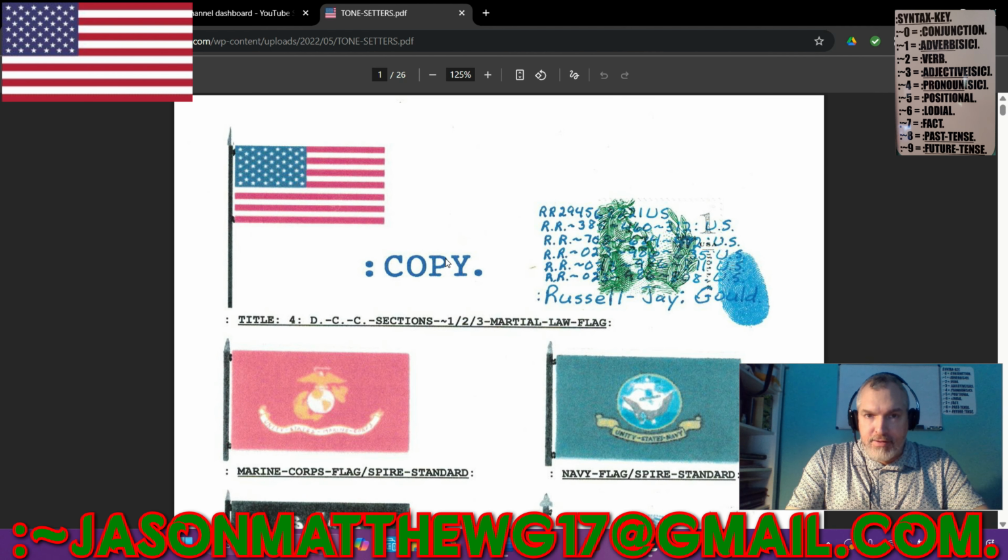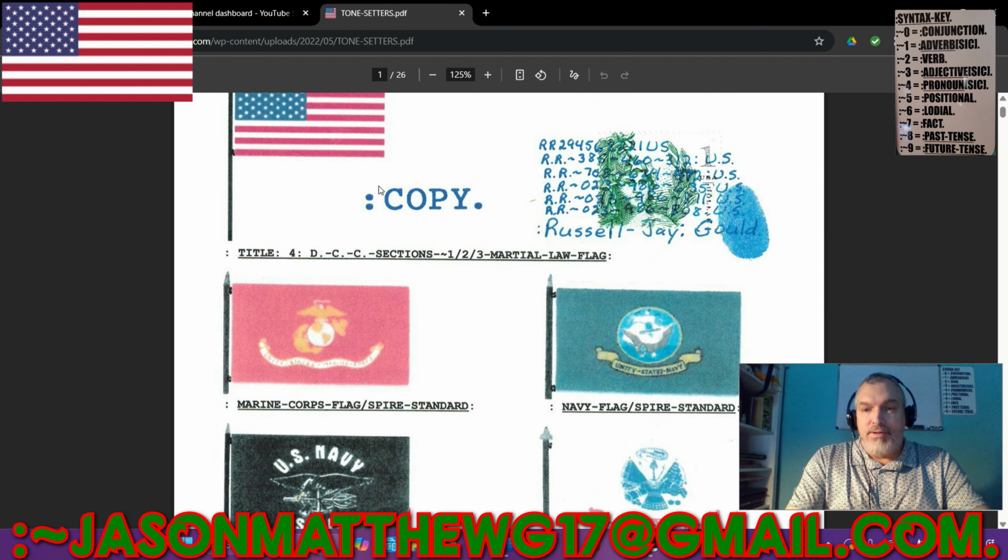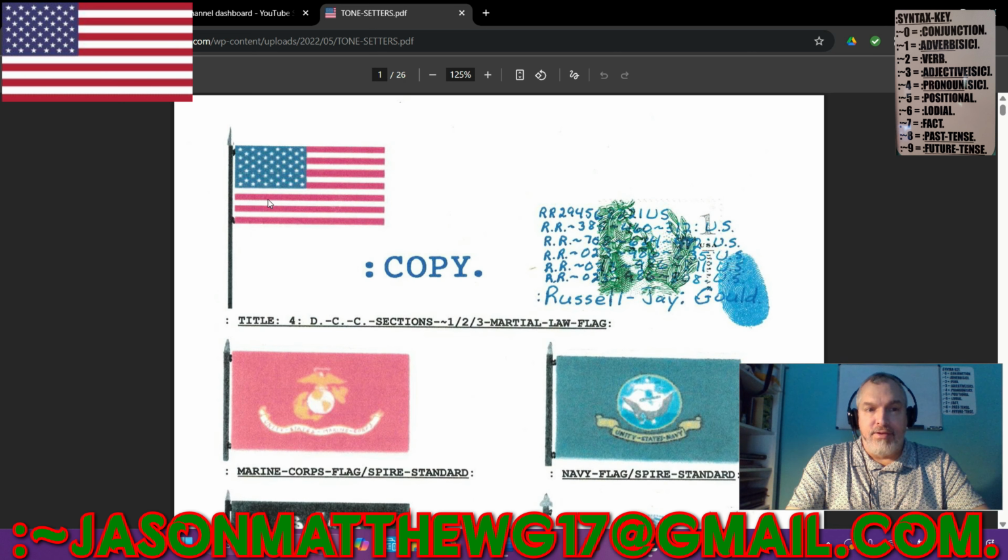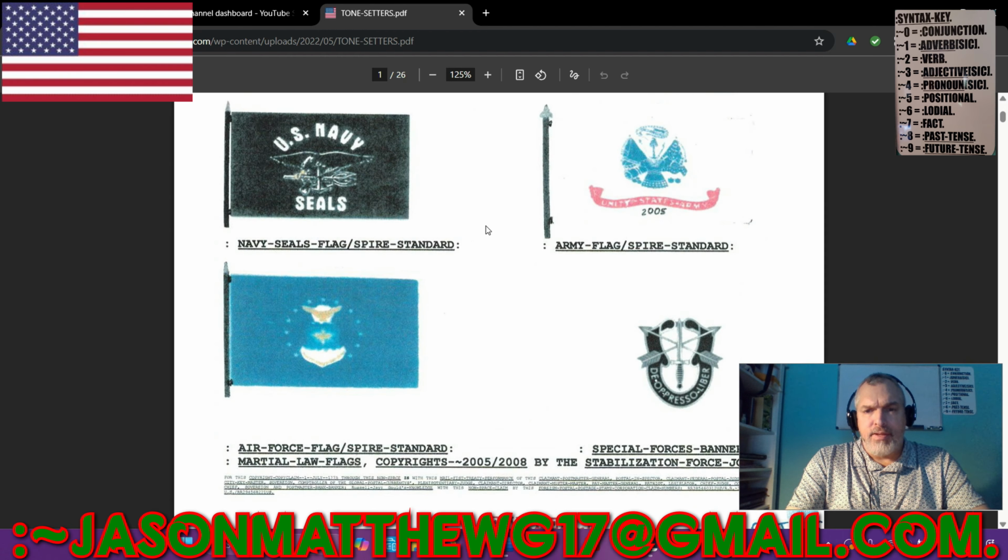So don't be surprised when you see incorrect syntaxing and incorrect grammar on this document, because it's not a correct sentence structure document. This alone, the spire, negates the flag constitution. So it's already almost a double negative.